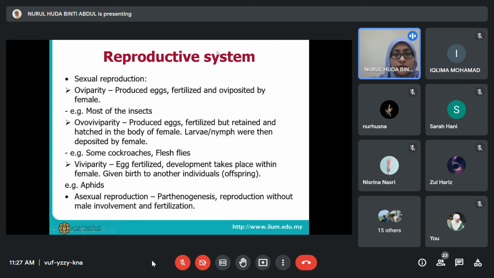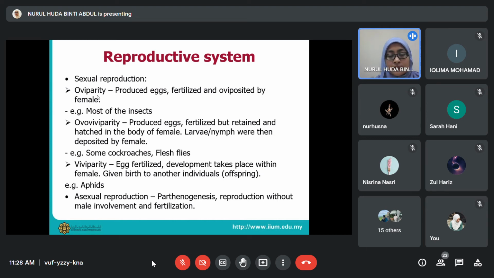Okay, now so this insect can go through what we call sexual reproduction as well as asexual reproduction. So for sexual reproduction, there are a few types. First, we have oviparity. Second, ovoviviparity. And third is viviparity. So oviparity, maksudnya kat sini, this insect produces eggs, fertilize, and oviposit by the female.